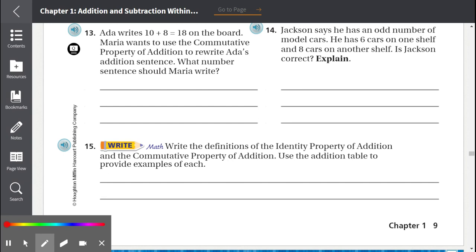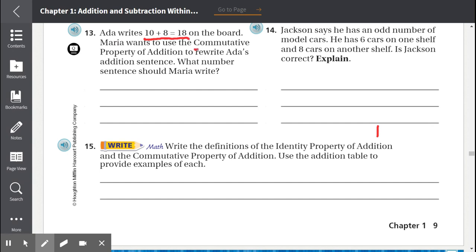Let's read this to see if we have anything important that we can use to solve the problem. Let's find out if we have any important numbers or keywords. And we always underline the question because the question tells us what to find. So the first thing is, we're going to underline 10 plus 8 equals 18. Now, Maria wants to use the commutative property.